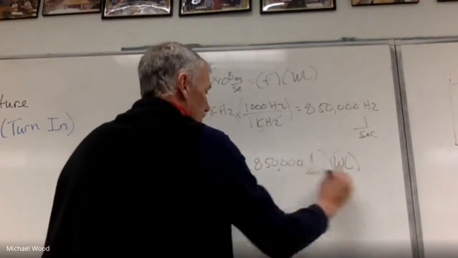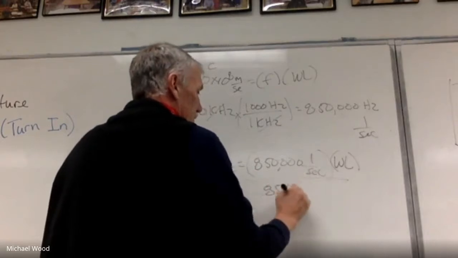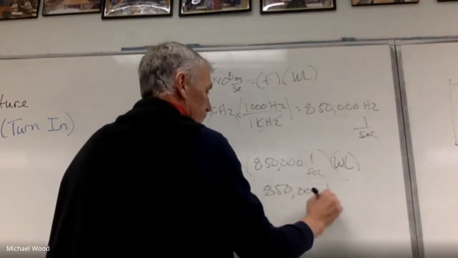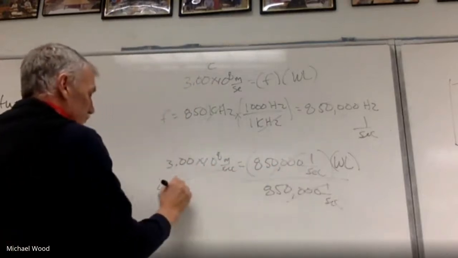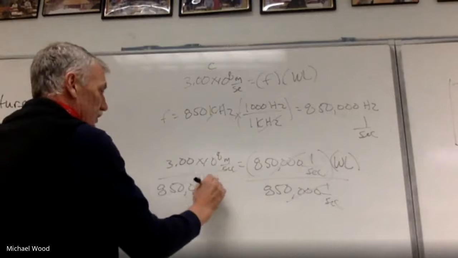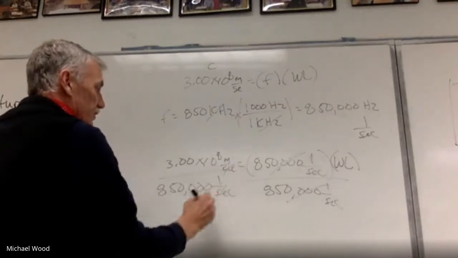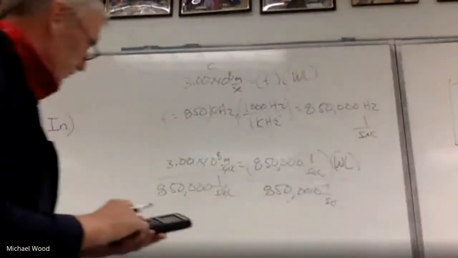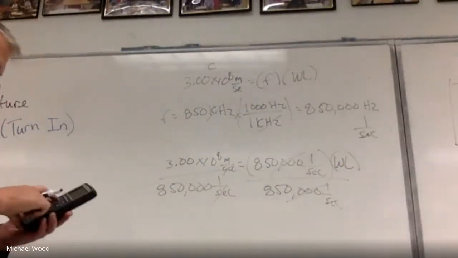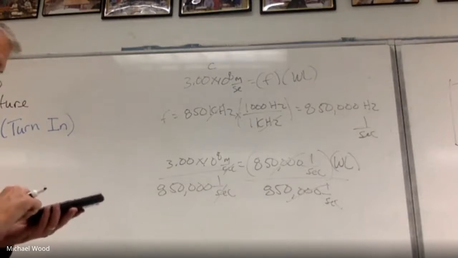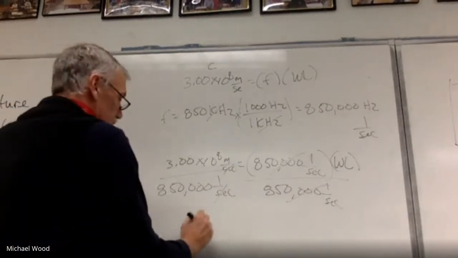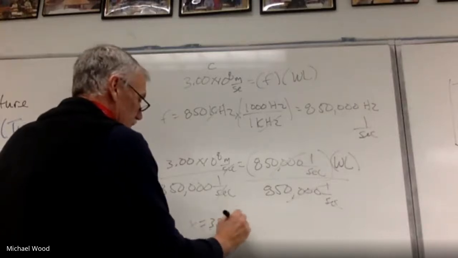So if I solve for that, seconds cancel out. Then if I do this on my calculator, I get x is equal to 353 meters.